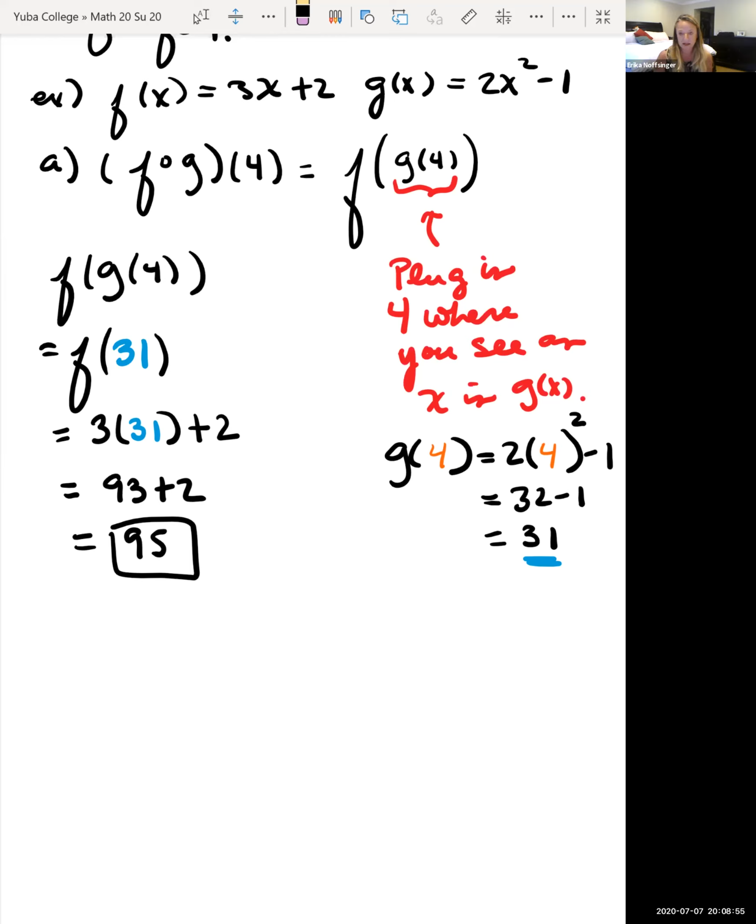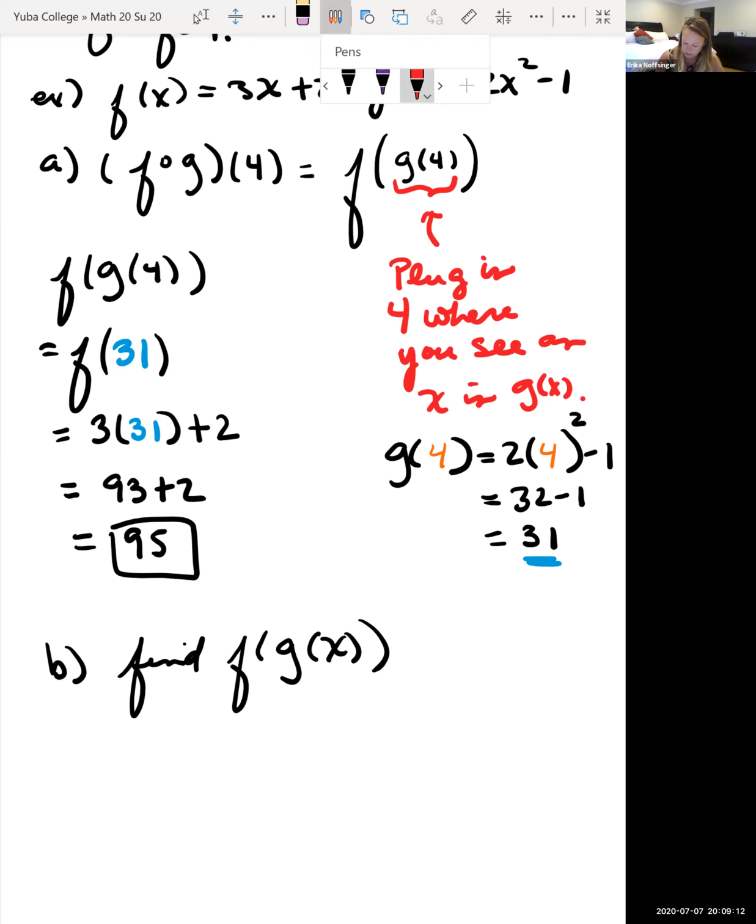But if they hadn't done that, they could have said, what is f of g of x? So let's say find f of g of x. That would be telling me I'm going in wherever I see my x in f of x, and I'm going to rewrite it with g of x.